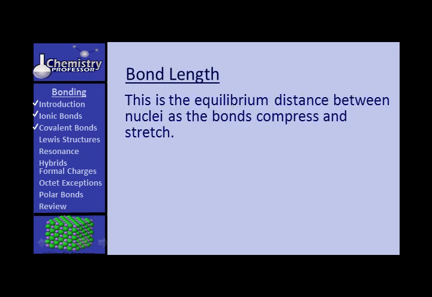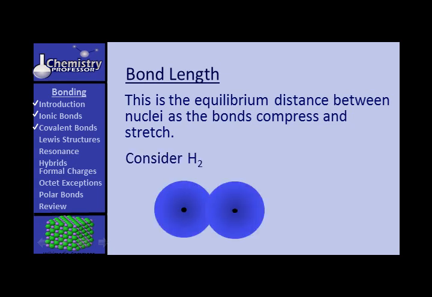Bond length is the average distance between two nuclei, and those bonds are going to compress and stretch. It's not static. For example, let's look at hydrogen and see how it behaves.